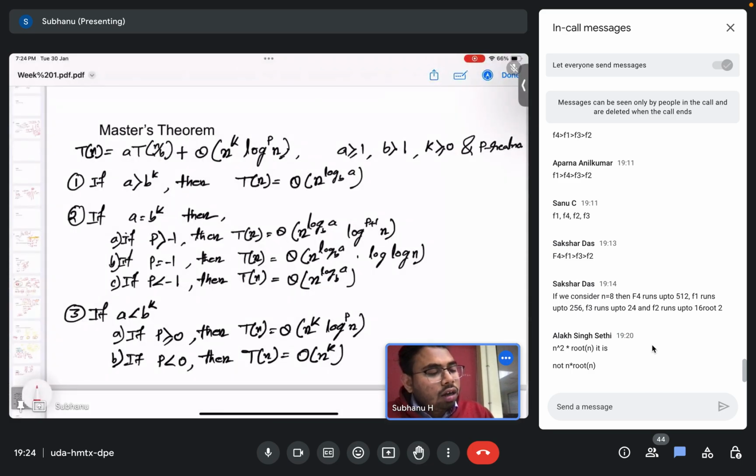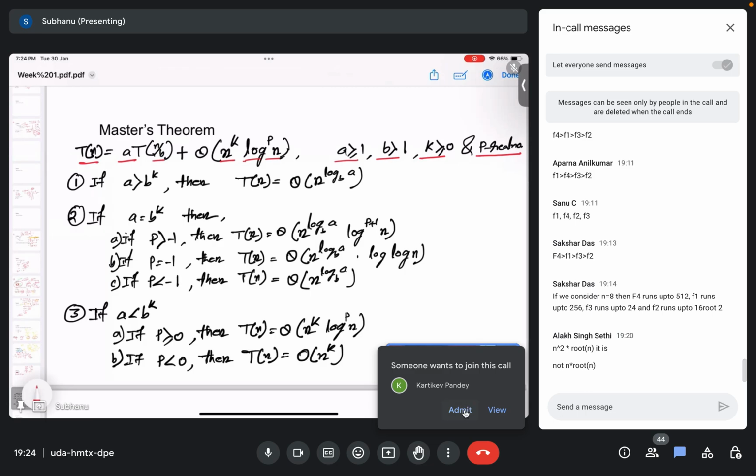The theorem says that if you have T(n) equal to a into T of n by b plus theta of n to the power k into log to the power p of n, there are some conditions: a must be greater than or equal to 1, b greater than 1, k greater than or equal to 0, and p is a real number. Then you have to check three cases: case 1, case 2 and case 3.